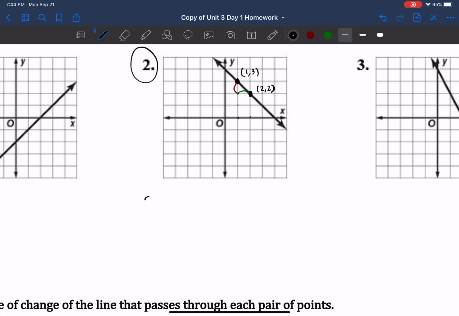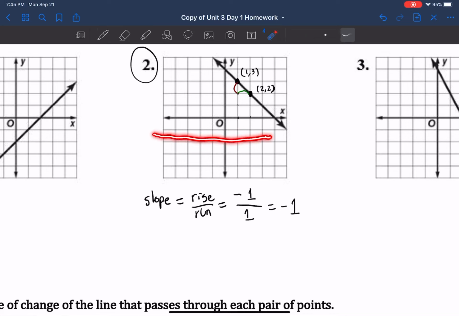So my slope, which is rise over run, since I'm going down first, that's negative, and we just went down 1, so negative 1 over, and then we ran 1. So this is just going to be a slope of negative 1. And that makes sense because this slope from left to right is going downhill, so this is going to be a negative slope.